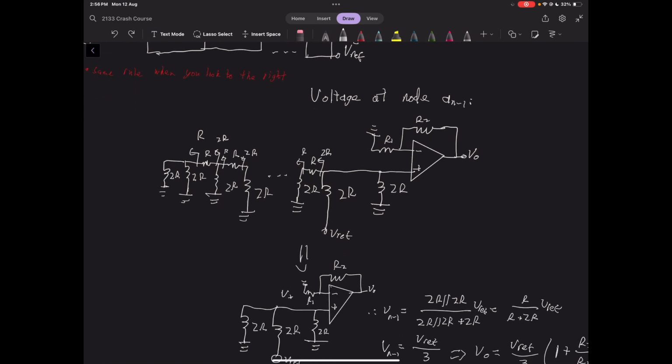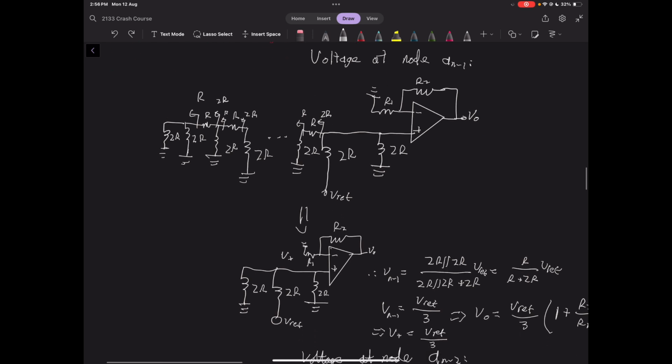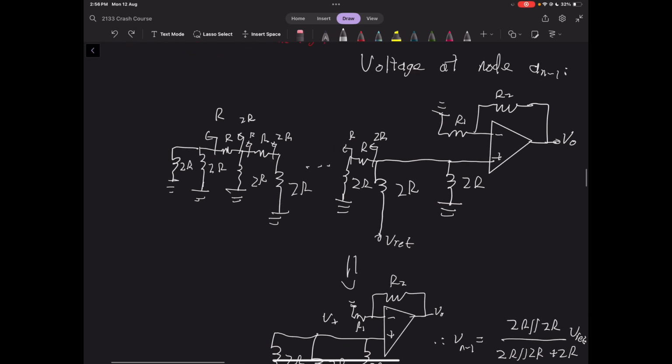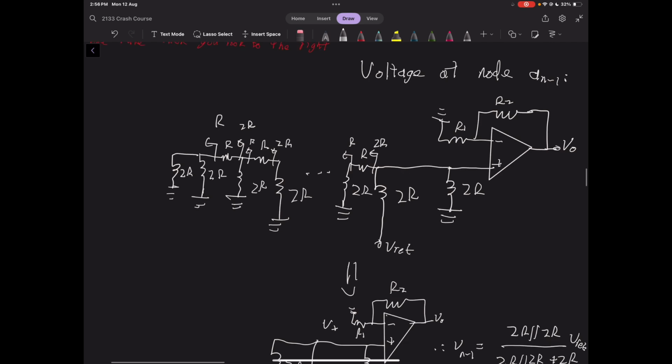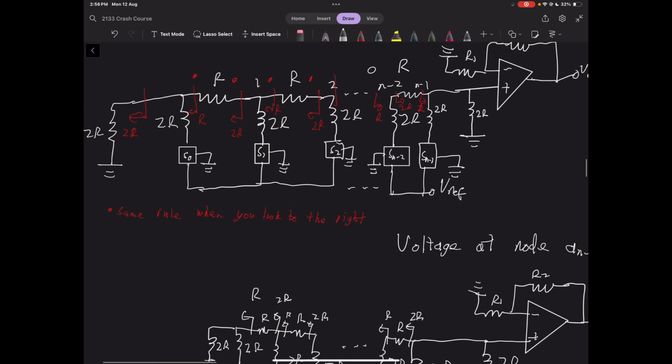So essentially, it wants us to find the output voltage. What we're going to do is look at the voltage contribution from Vref individually by considering all the other S switches. When they're 1, this connection is valid. When they're 0, the ground connection is valid, right?